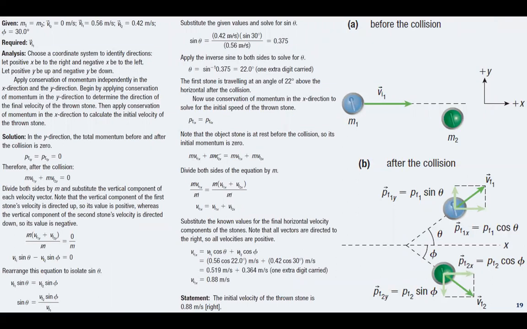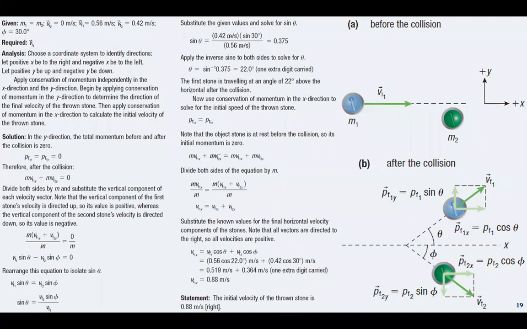Okay, so in a collision in two-dimensional space, note that you can apply the conservation of momentum separately in the two directions. So choose a coordinate system to identify directions. We can let the positive x be to the right and negative x be to the left. Let positive y be up and negative y be down.